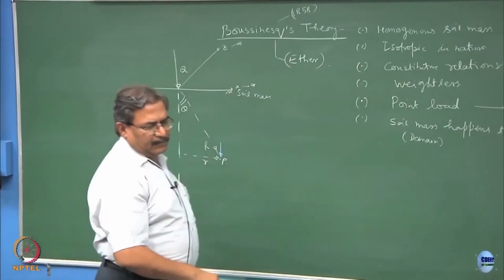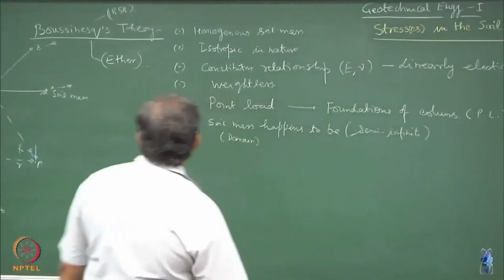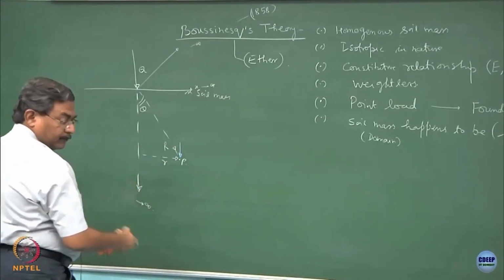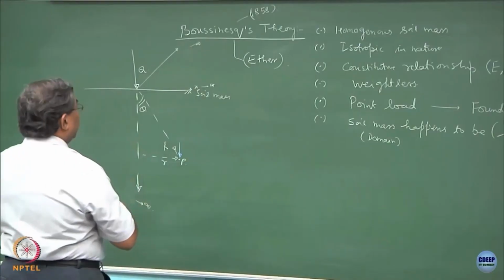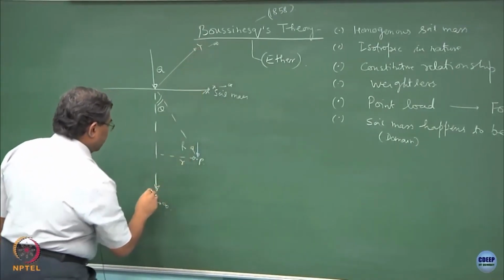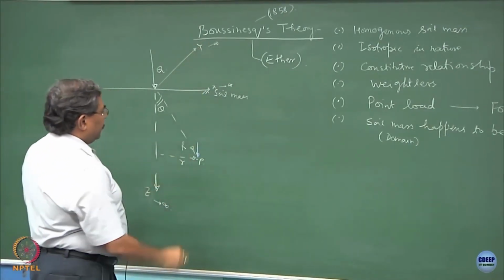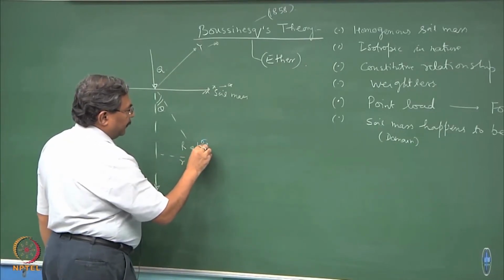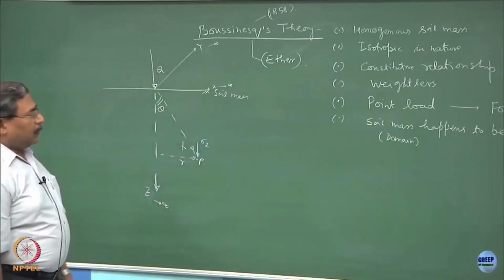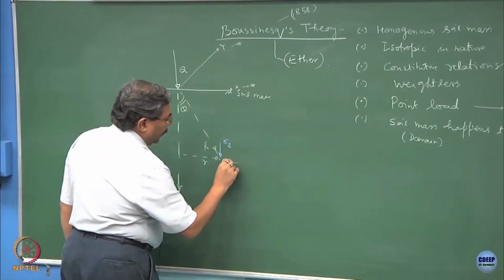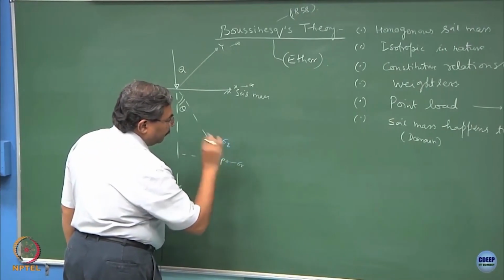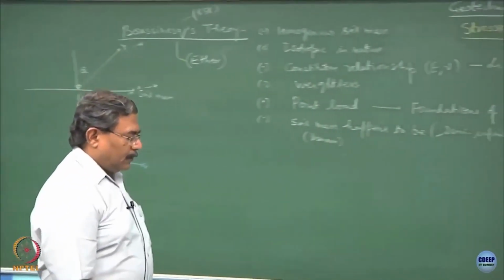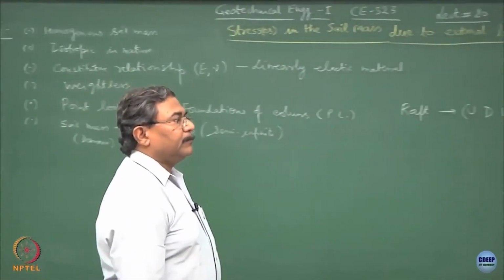normally, let me change the nomenclature, we take this as Z and this as Y, this as Z. So, basically this is sigma Z, the normal stress which is acting at point P, sigma R. I am sure you are doing a course in RCC also this semester.